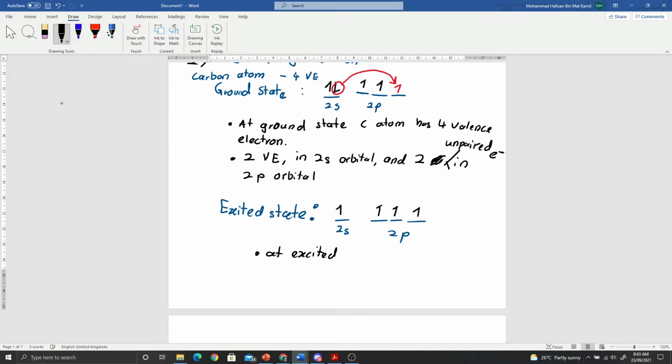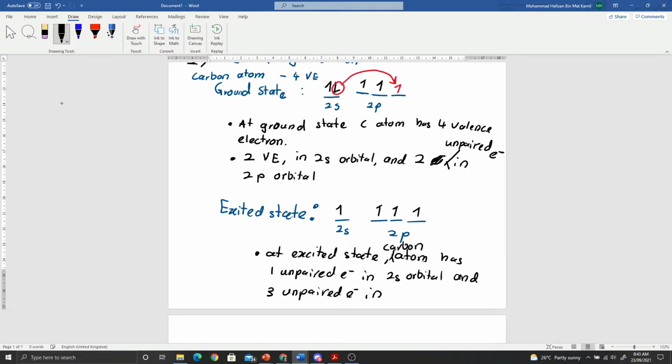So description dia at excited state, carbon atom has one unpaired electron in 2s orbital and 3 unpaired electrons in 2p orbital.